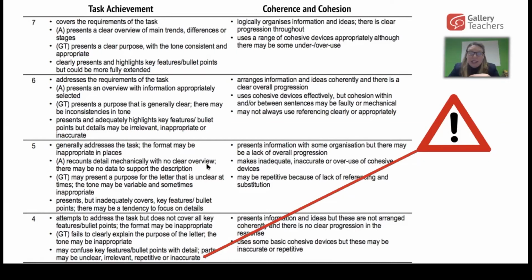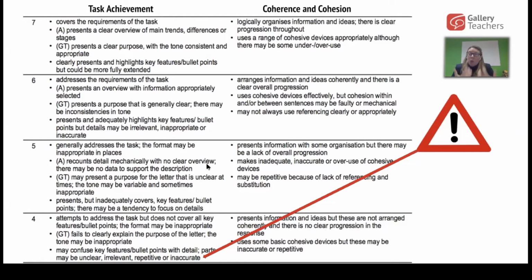So if the candidate has not given a clear overview, has not summarized the main message, and has not signaled to the examiner that this is my overview using a word such as overall, they cannot get more than 5, even if the lexis, the grammar, the cohesion and coherence could be great. They may be getting 6s, 7s, or even 8s. They will fall down in this part. And of course, this will drag down the average, all right, quite significantly.